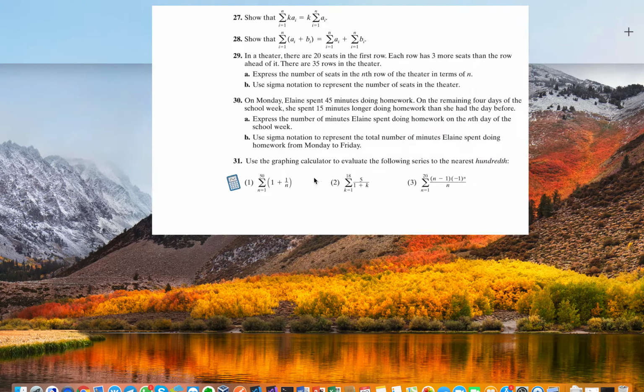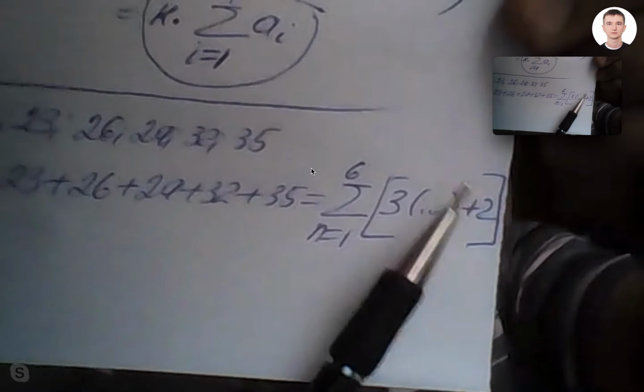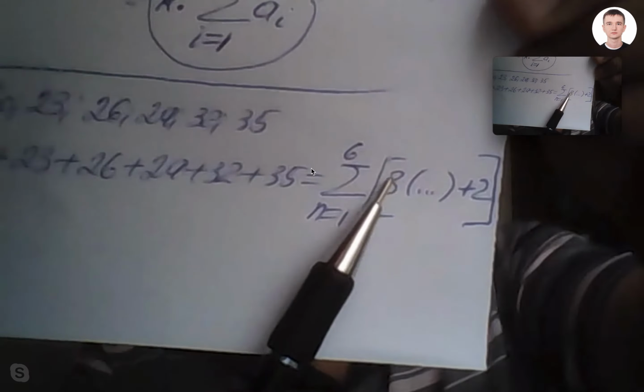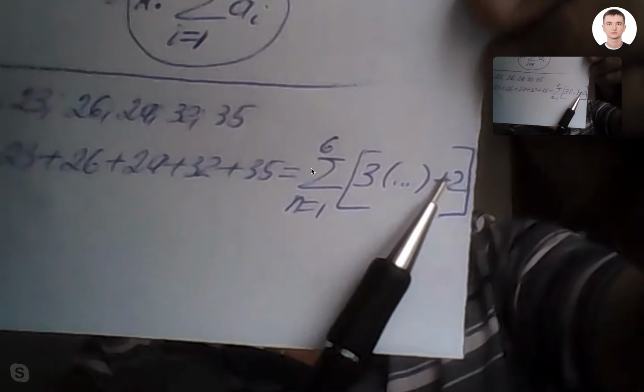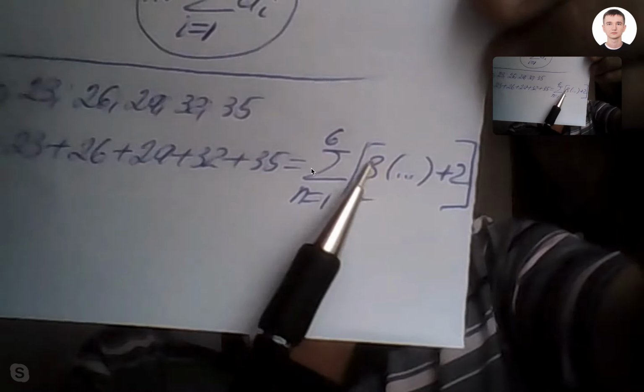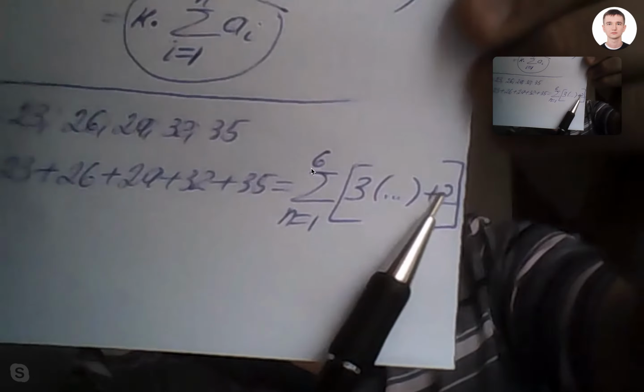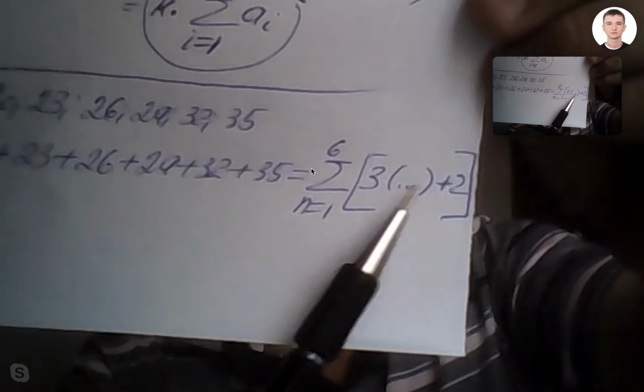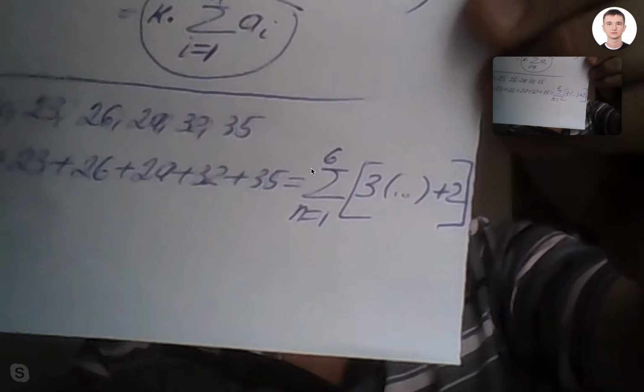We need to find such a number n to multiply by 3 and then add 2, because when you multiply by 3 you get 18, and to get 20 you need to add 2. So it has to be 3 times (n plus 5).